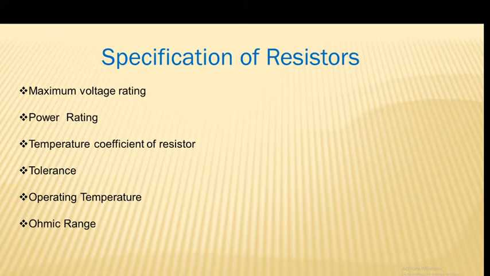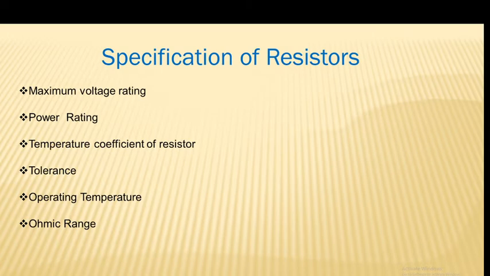Operating temperature. This is defined as maximum recommended surface temperature at which resistor can operate effectively without damage. This maximum temperature is obtained as a working temperature produced by power dissipation inside the resistor and ambient temperature at which resistor is operating.